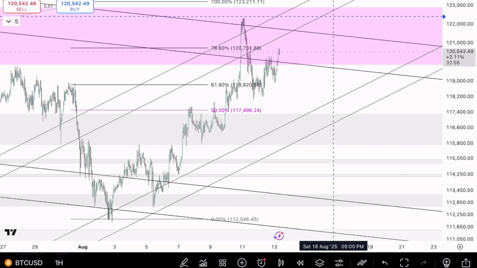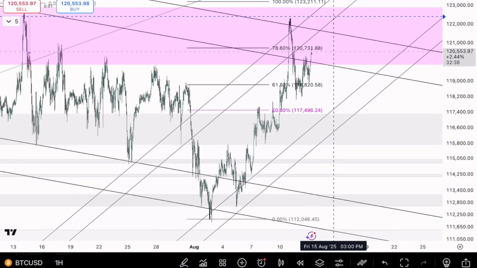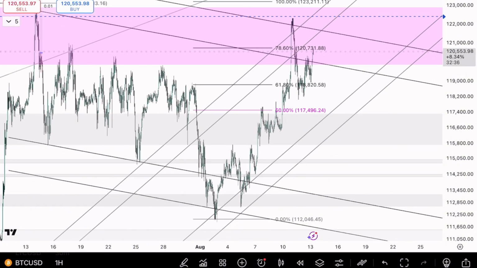So I would use margin on a higher time frame for Bitcoin, like the 4-hour chart. And basically when it has a breakout from a trend, then that's when I would look at entering. All right, so that's Bitcoin.